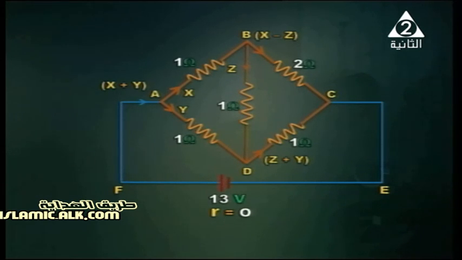At point B, a portion of the current denoted by Z passes through the 1 ohm resistor. So the current that flows through the 2 ohm resistor must be X minus Z. And what happens at node D? Z and Y are added together to give Z plus Y that passes through the 1 ohm resistor.